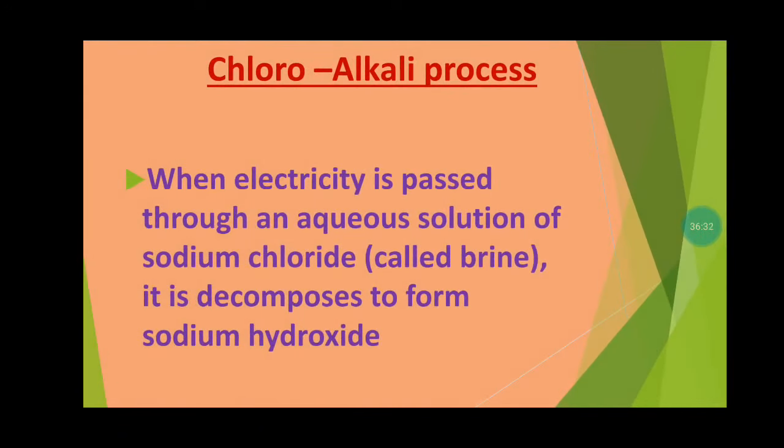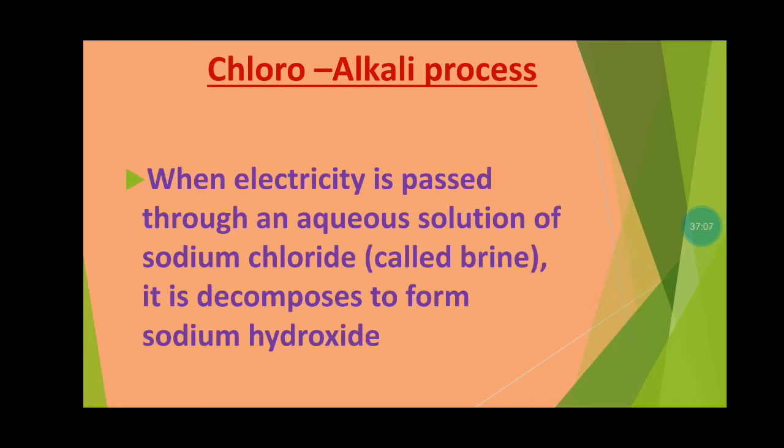Now, what is the chloroalkali process? In this process, electricity is passed through the brine solution. Already we discussed what the brine solution is. It is nothing but a solution of dissolved common salt, that is sodium chloride. Whenever electricity is passed through it, it decomposes to form sodium hydroxide. In this chloroalkali process, NaCl is dissolved in water.